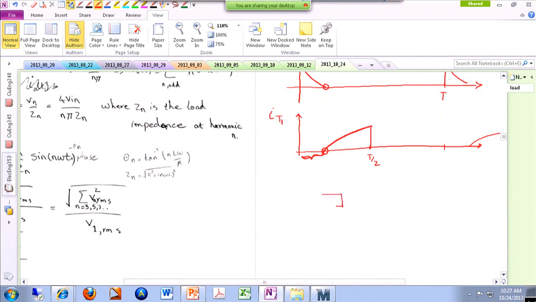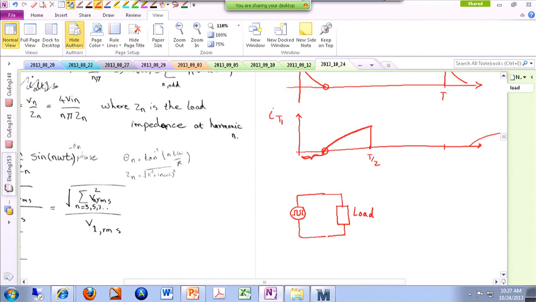We have this load to which we are applying a square-shaped kind of waveform. Okay, something like this. Because this thing is a linear load, like for instance R and L are linear and time invariant, we can argue that I can use superposition.